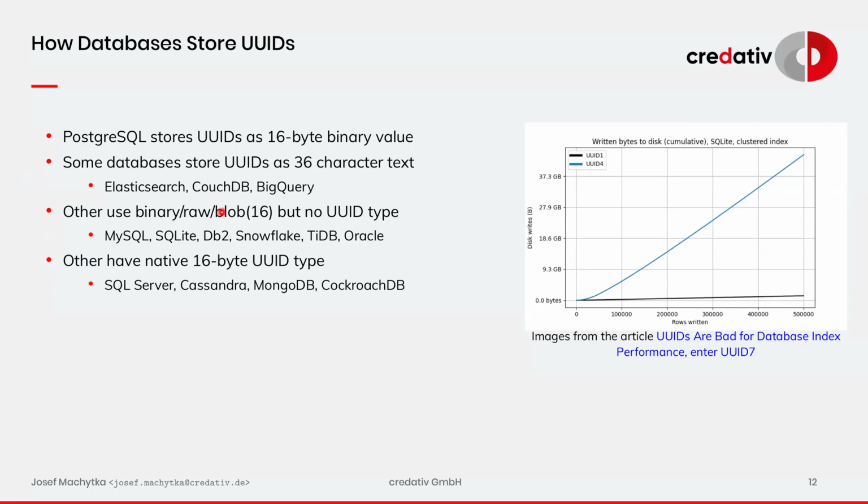Like Elasticsearch, CouchDB, BigQuery, they handle it as text. Other databases use either binary, raw, or blob type with a dimension of 16 bytes, but they don't have any specialized UUID data type. Others have this native 16-byte UUID type, like SQL Server, Cassandra, MongoDB, CockroachDB, and of course Postgres.